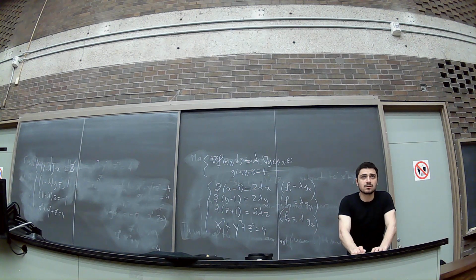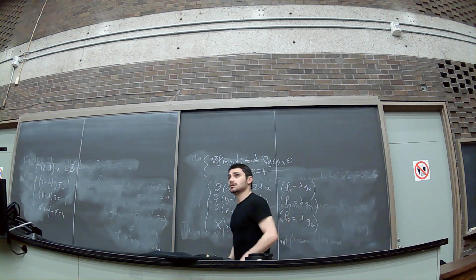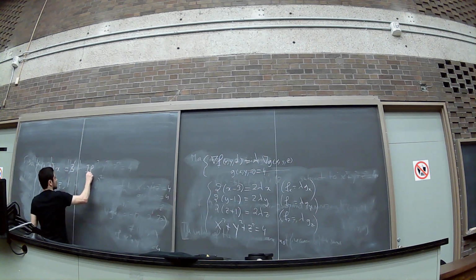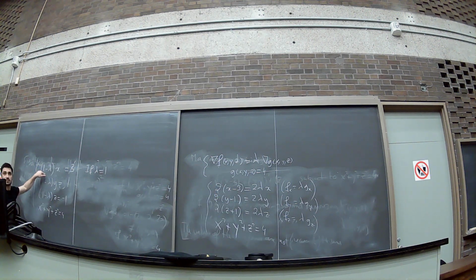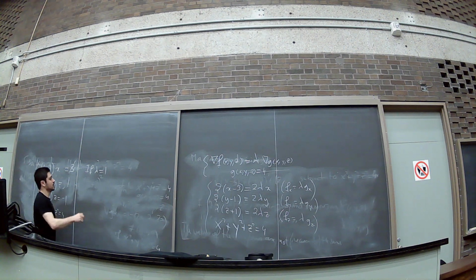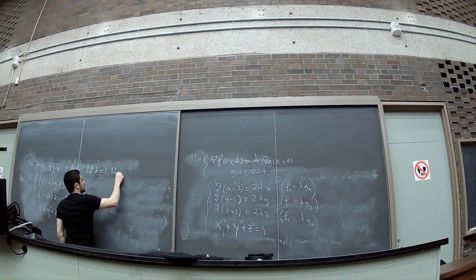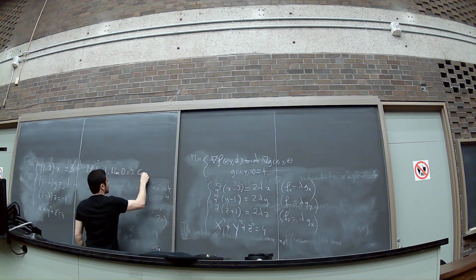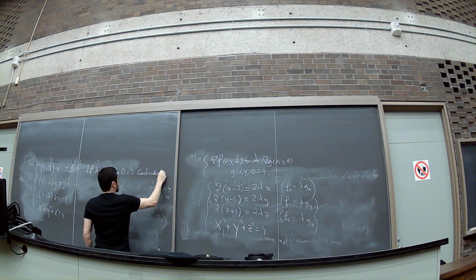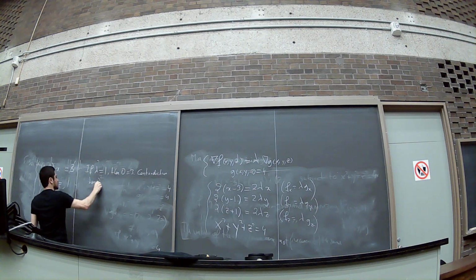You're tempted to do something. What is it? Isolate x, y, z. Now, to be able to isolate x, y, z, what do I need to make sure of? That lambda is not 1. Can lambda be equal to 1? If lambda is 1, what happens here? 0 is equal to 3, is that a contradiction? So lambda is different from 1.